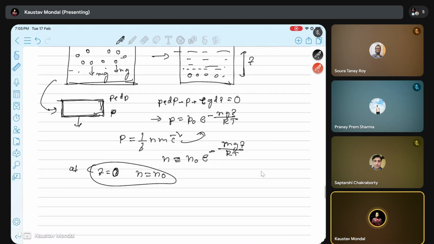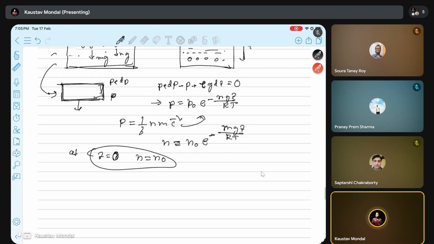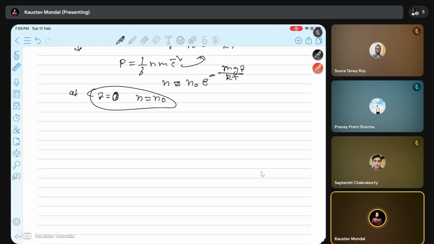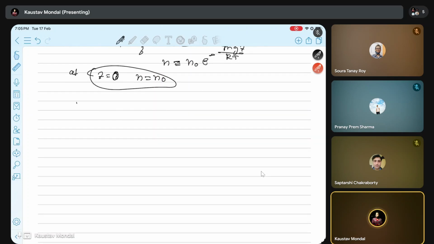Now since the particles are submerged in the fluid, there is a buoyancy force acting on the particle. Because of that force, the effective mass of the particle will be different. Let's suppose rho is the density of the particle, and rho prime is the fluid density.